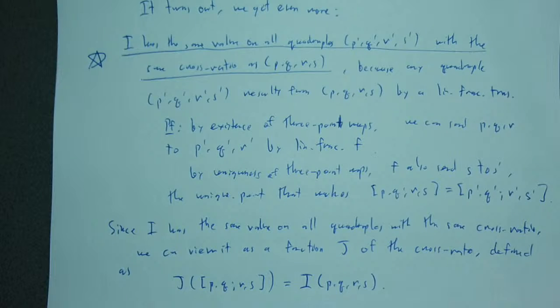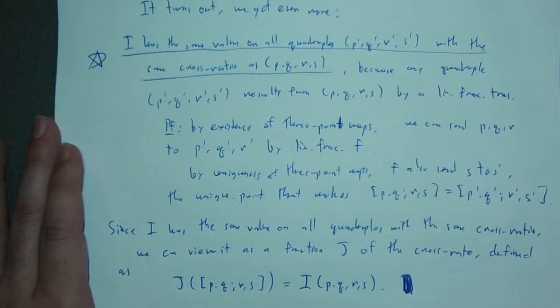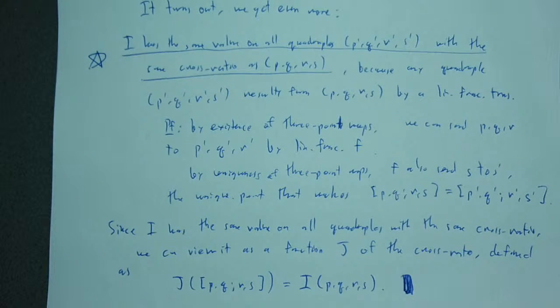So we could just think of I as being a function of the cross ratio. So that's it. And so we've shown that the cross ratio is basically it. It is the fundamental invariant of 4 points in RP1. Okay, so the cross ratio is what gets the job done.